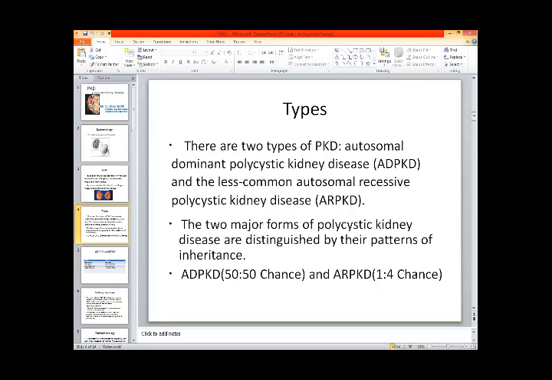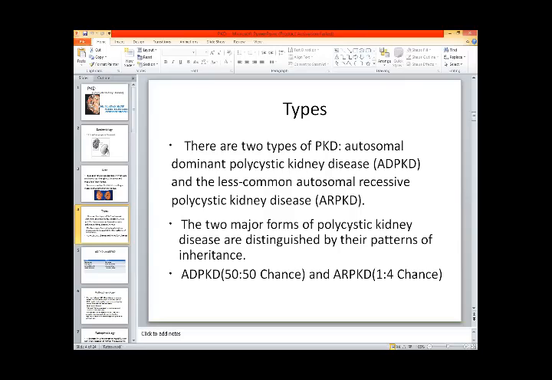It means if the parents are affected with the gene of autosomal dominant polycystic kidney disease, there is a 50/50 chance that their children are affected with the disease.